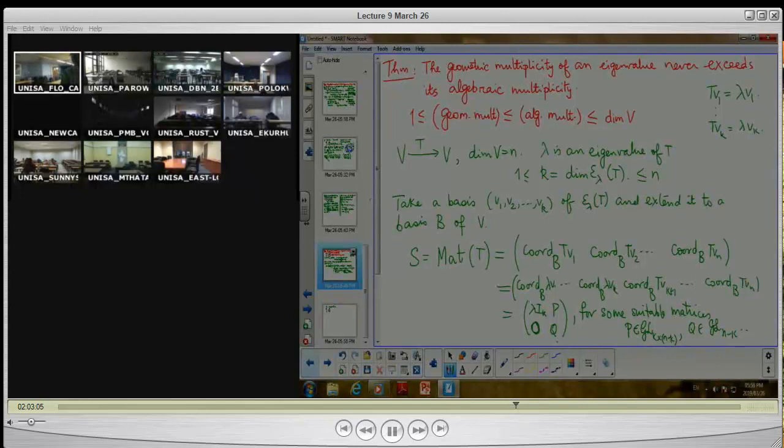So, this is, sorry, this shouldn't be a lambda here.